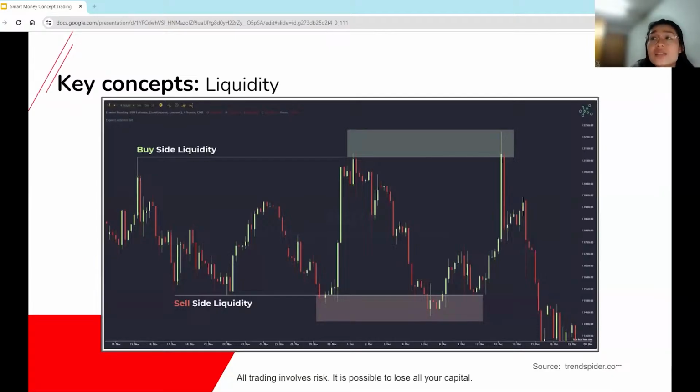What I mean by that is where there are many swing highs or swing lows, basically. The amount of stops at that key level allows a larger player to fully realize their position. Once the level at which many stops are placed has been traded through, it's often that the price will reverse course and head in the opposite direction, seeking liquidity at the opposite extreme, like we see here.